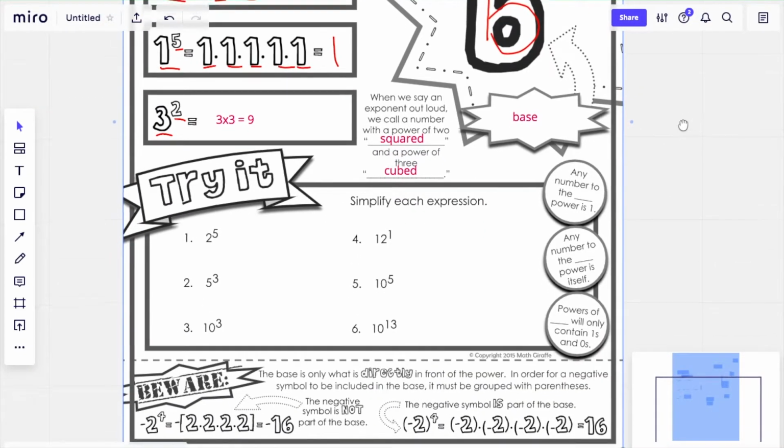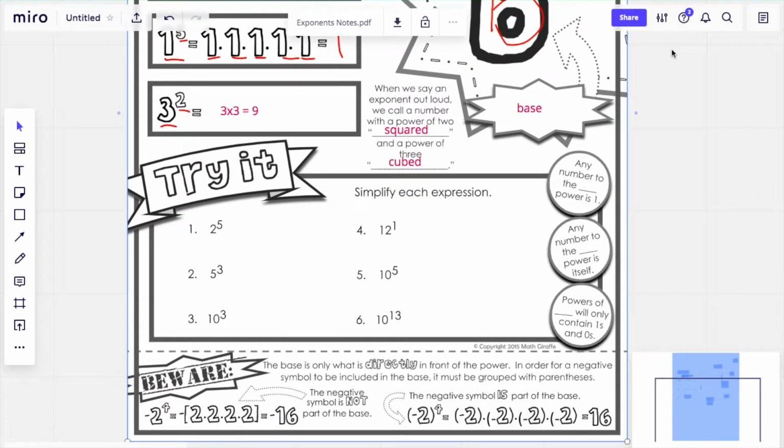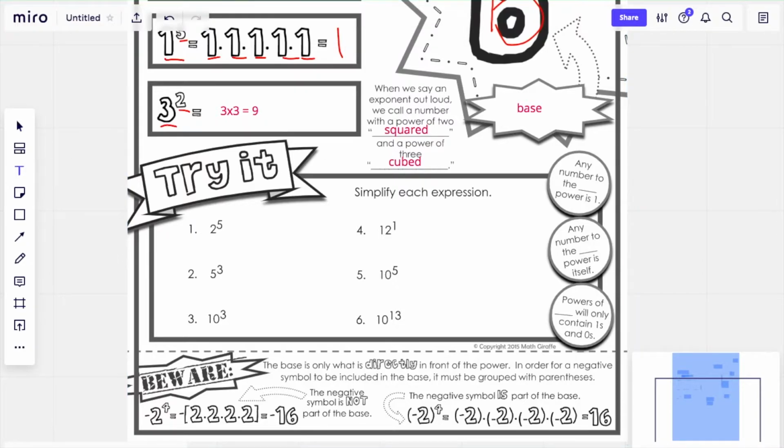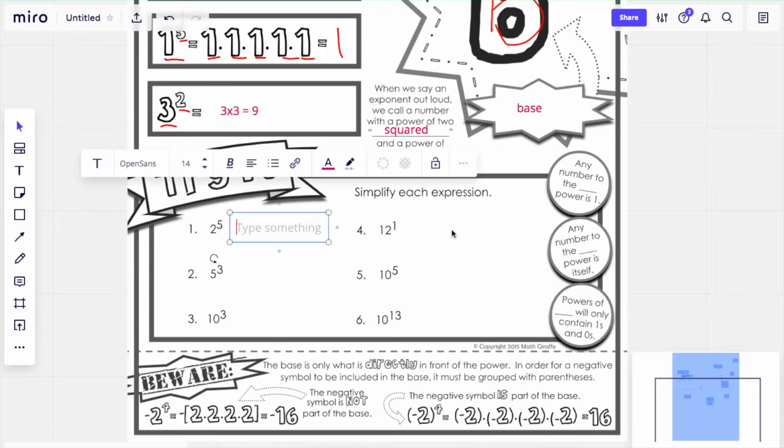So let's look at a couple more examples. So number 1 is 2 to the power of 5, or 2 times itself 5 times.